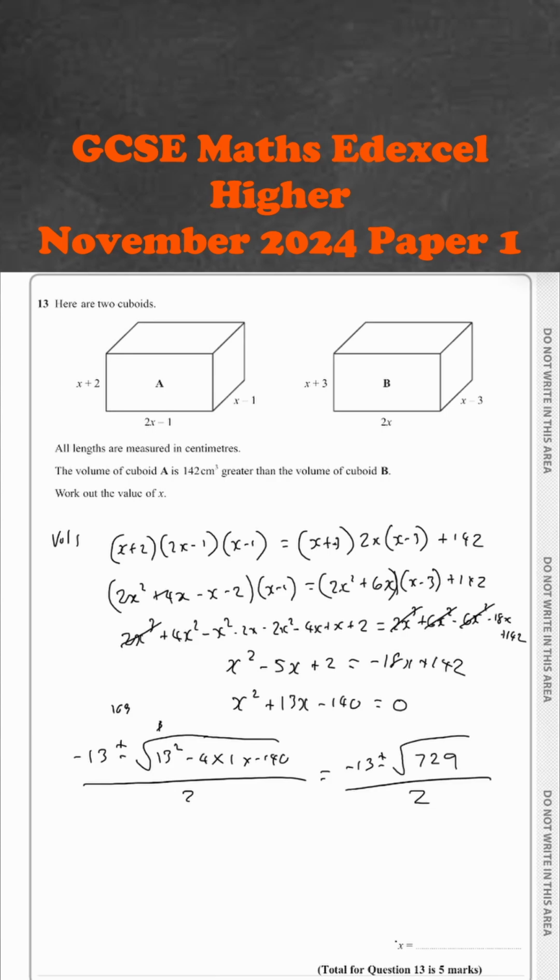The square root of 729 is 27, over 2. Therefore, our solutions are going to be minus 13 plus 27, which is 14 over 2, so 7. Or minus 13 minus 27, which is minus 40 over 2, minus 20. Can't be minus 20 as we're looking at positive values, as we're looking at volumes of physical objects. Therefore, our answer is x equals 7.